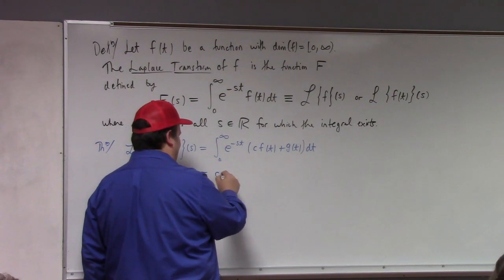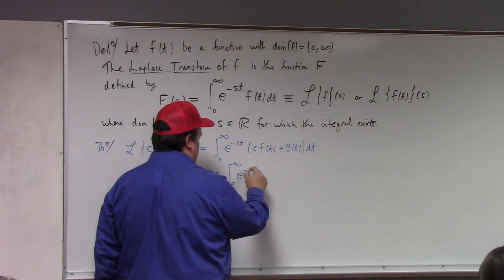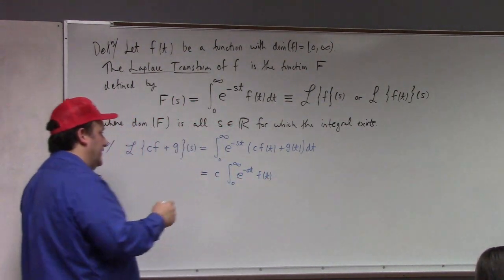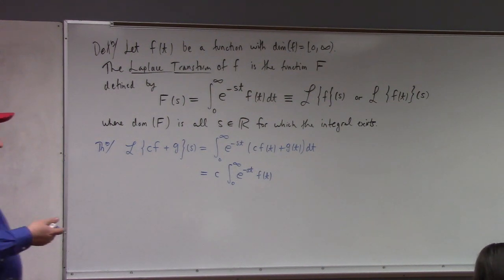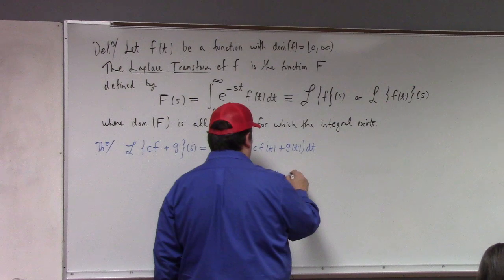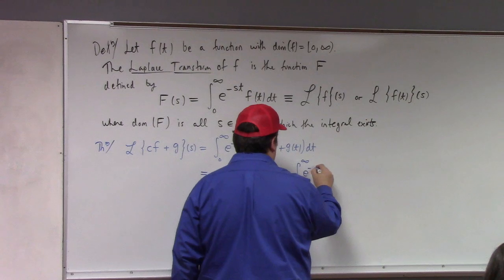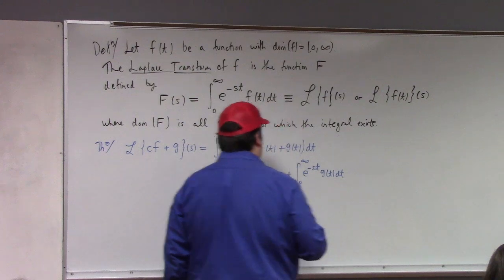So you pull out the constant. But this one doesn't really have anything subtle convergence-wise, because all the integrals I'm writing down converge if we're given that the integral of f and the integral of g converge. All right, so what I'm saying is, if f and g are themselves Laplace transformable, then their linear combination is also Laplace transformable.